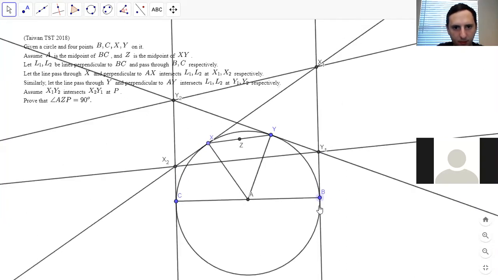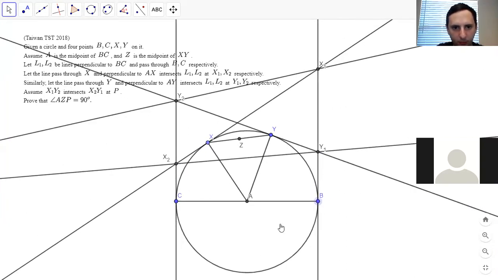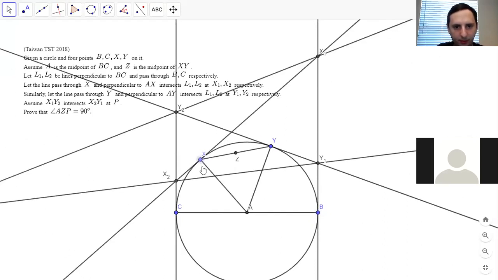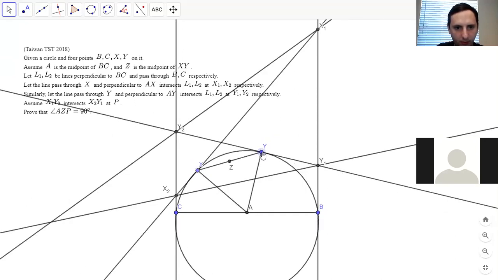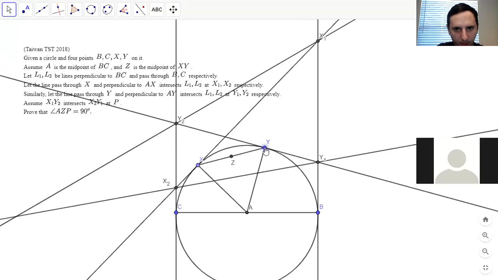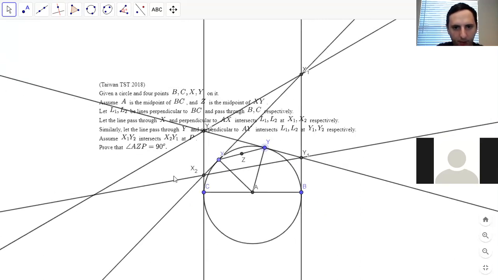We also want to see X1, X2, Y1, and Y2. Sorry, this is taking me a long time, but I'll figure it out eventually. Let me just zoom in. There we go. That's better.